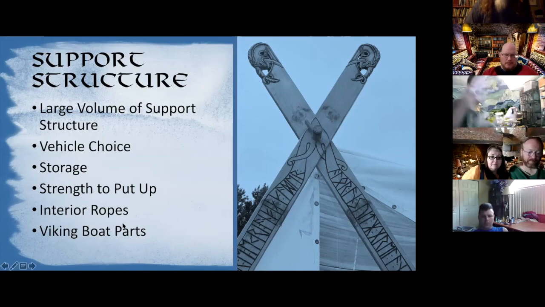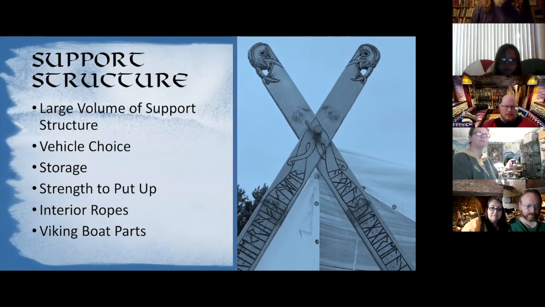I also put down here Viking boat parts. Somebody mentioned that this was found in the Oseberg ship exhibit. I own a couple of Viking boats, and I've been thinking, what would happen if I took 2 oars and made part of the frame, and then took the mast and spread it between 2 sets of oars, and then took the sail and put it over that.